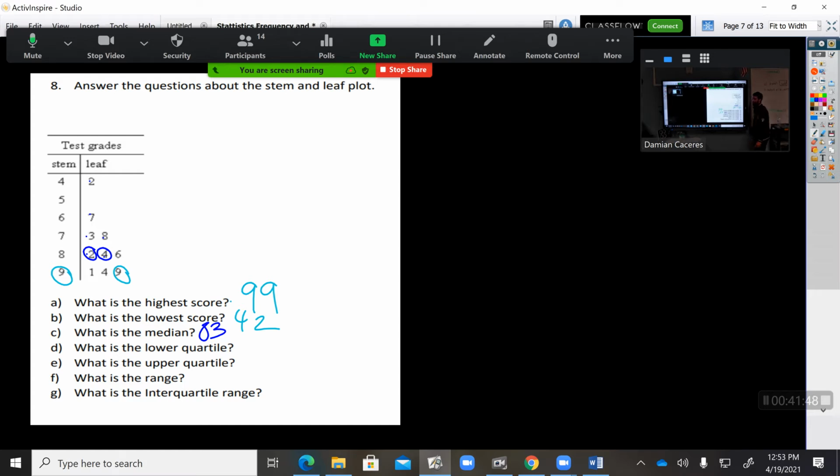Now my lower quartile is the third number from the front, and the upper quartile is the third number from the back. The third number from the front is 73: 1, 2, 3. And the third number from the back is 91. Now range is the biggest number minus the smallest, so 99 minus 42 gives you 57.